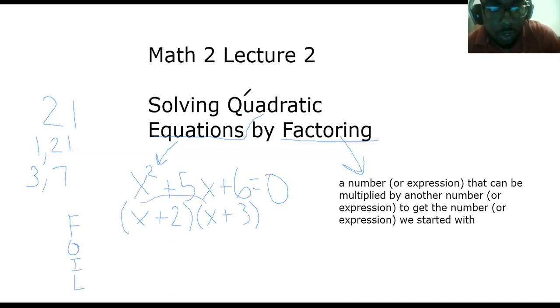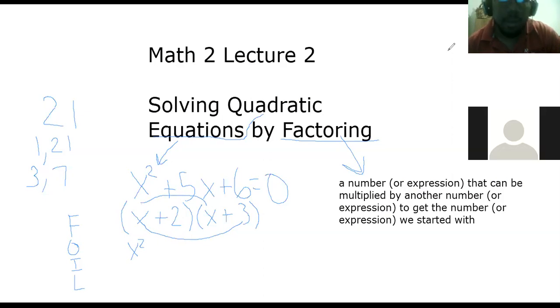Multiplying the first terms together, x times x gives me x squared. Outer, so multiplying the first term and the outer term, I get 3x.